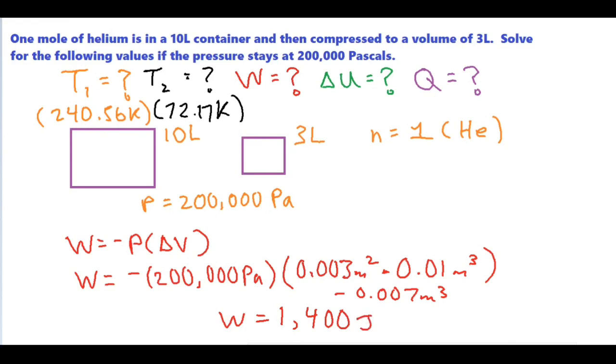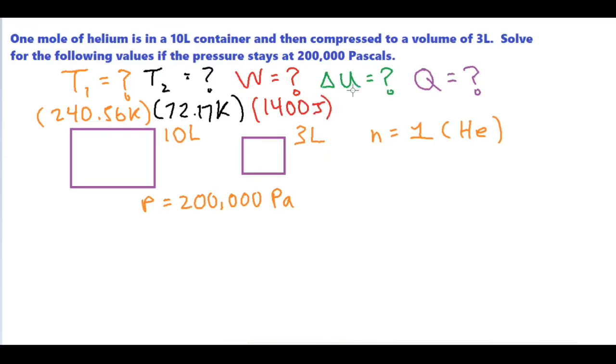That would be positive because of the negative up front multiplied by the negative over here. The work would be considered a positive value because the surroundings are applying a force over a distance and compressing this container down to 3 liters, adding energy into the system. So we have 1,400 joules for our value of work.